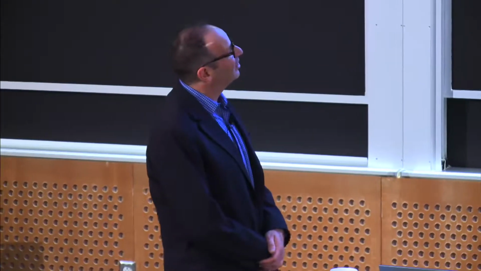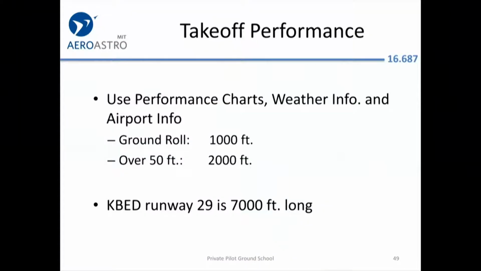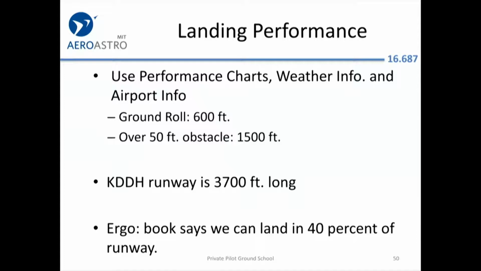All right, takeoff performance, we figured out that we only need 1,000 feet of ground roll, and there are really no obstacles at Hanscom Field, so the 2,000-foot number isn't even relevant. We have 7,000 feet of runway, so we're good there. Landing, we're going to clear a 50-foot obstacle, which we can expect to find probably in Vermont.